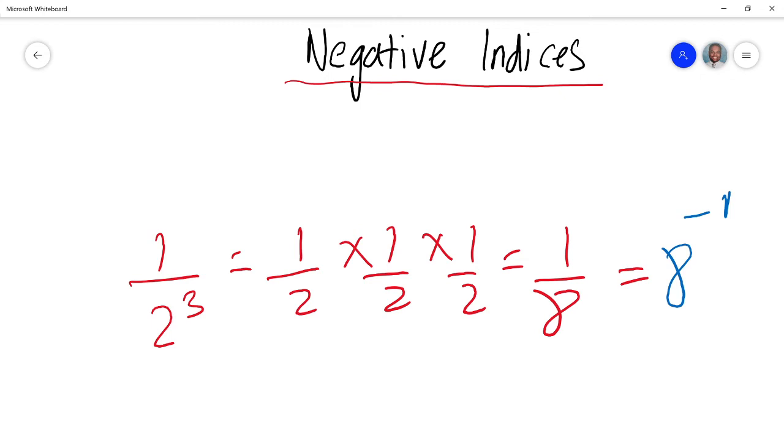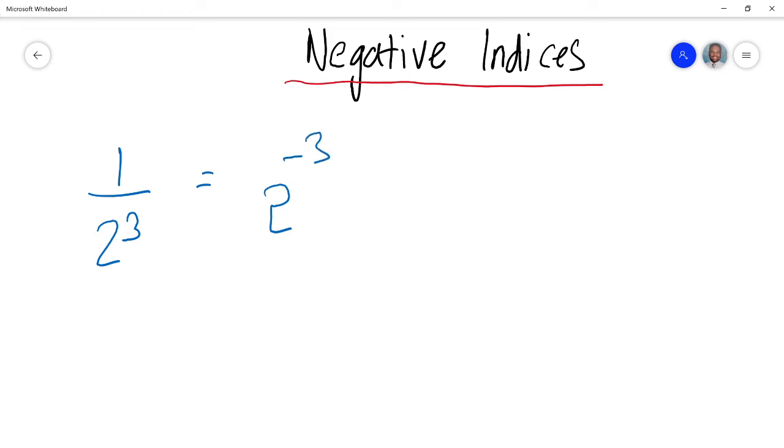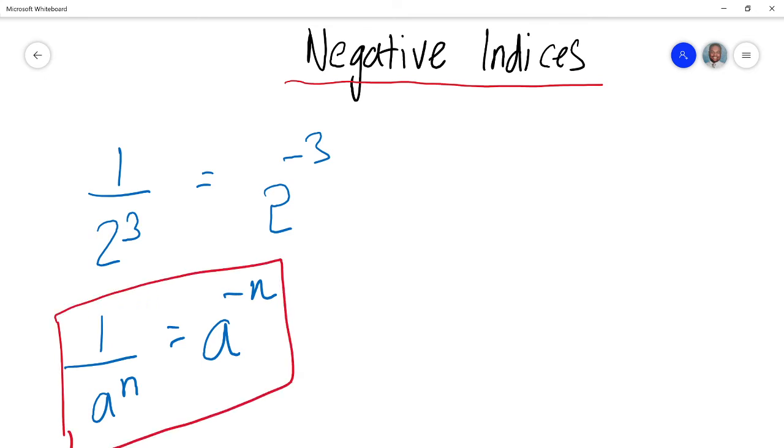All right, so let me go back and explain how we can get back to the question here. Do we all agree that 1 over 2 to the power 3 is the same as 2 to the power negative 3? All right, because that's the index law. Remember, the index law states 1 over a to the power n is the same as a to the power negative n. That's not rocket science, we've just substituted.